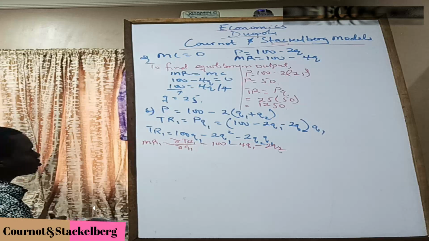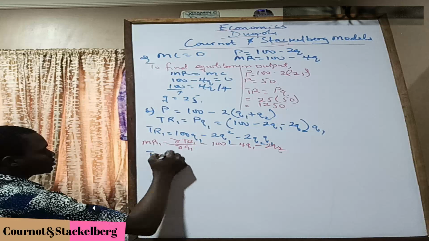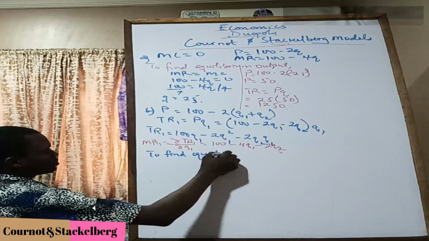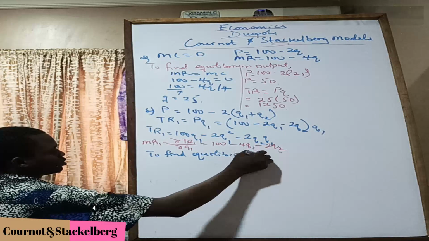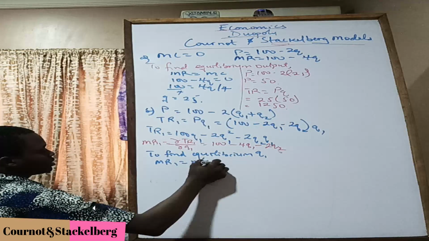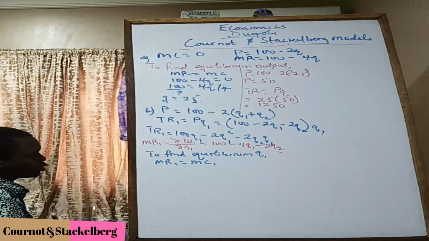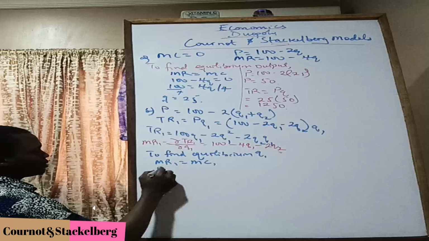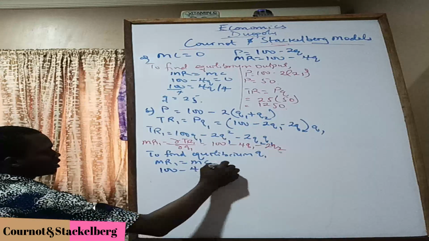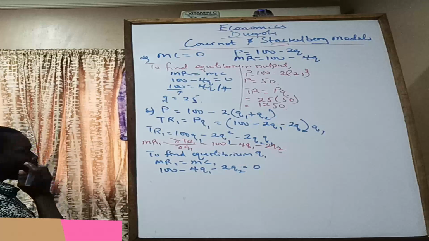To find the equilibrium Q1, I just say MR1 equals MC1. Since they have the same marginal cost, I can call one MC1 and the other MC2. So that means we have 100 minus 4Q1 minus 2Q2 equals 0.